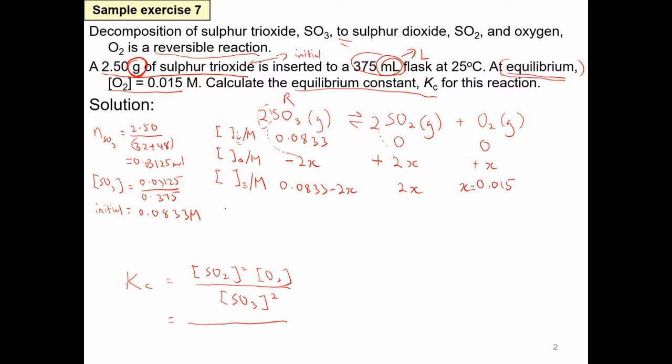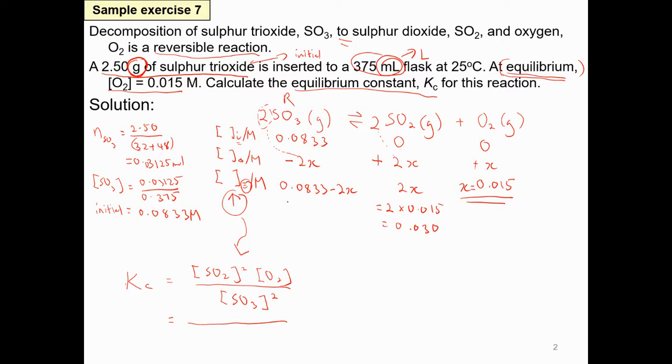Now let's see how we can get all the concentrations at equilibrium, because we need to substitute the equilibrium concentrations into Kc. Okay, so now we find out that x equals 0.015. So this one will be 2 times 0.015 for SO2, so we get 0.030.